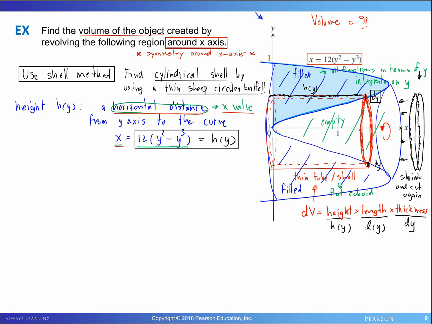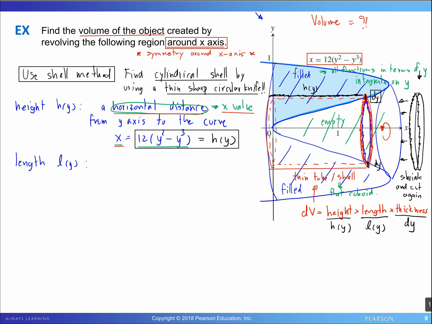And now we need to find the length L of y equal to what? By now we know that the length of the cuboid corresponds to the inner circumference of the tube right here, all the way around in circle.